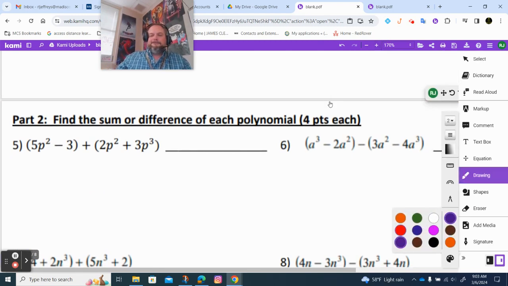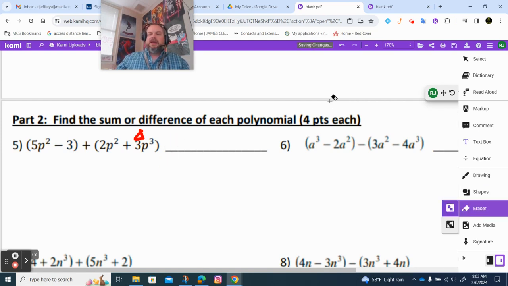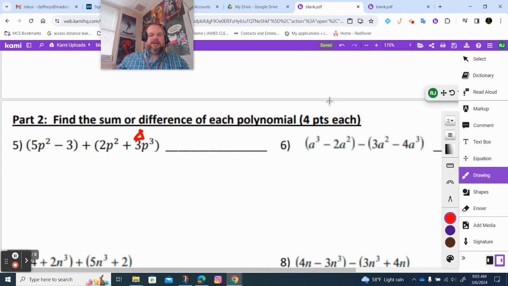All right. So for number 5, I got to look for the biggest exponent first. What's the biggest exponent? 3. 3p to the third. Okay. Now, our next one is the second.